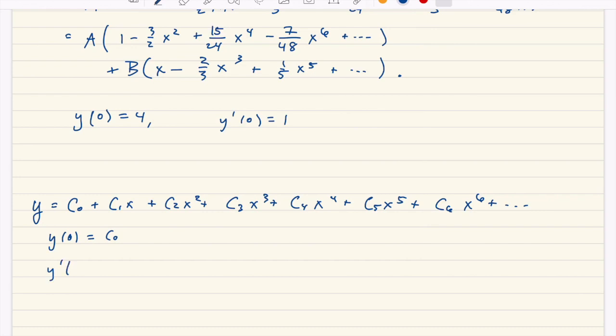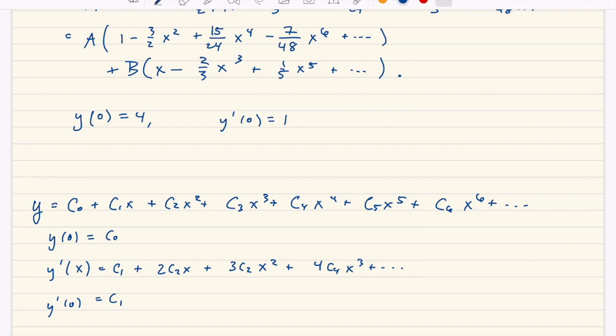Y prime of x, if you just differentiate this power series term by term, what do we get? We get c1 plus 2c2x plus 3c3 x squared, and so on, 4c4x cubed, and so on. So it turns out that y prime of 0 is c1.